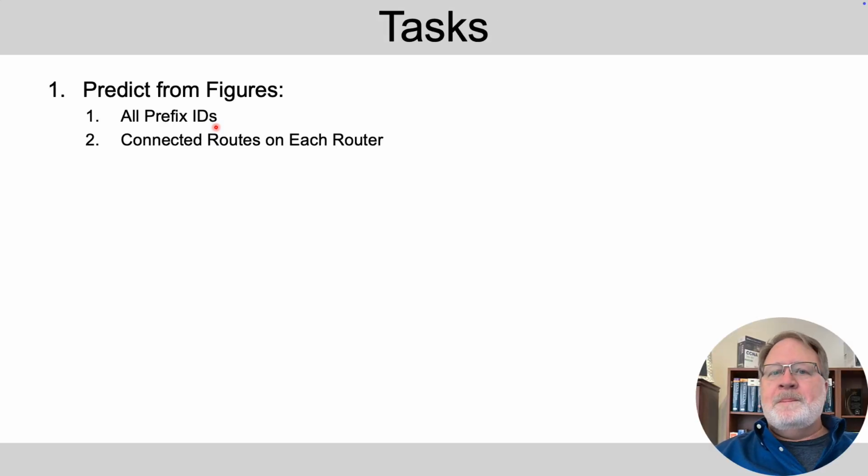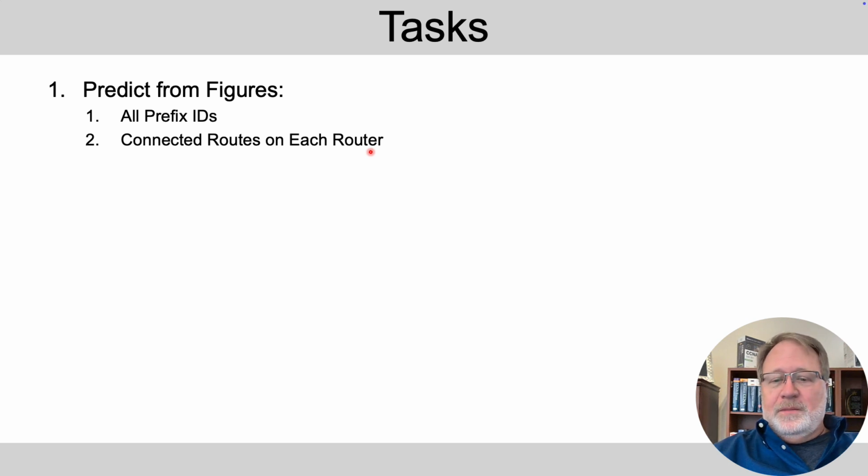All right, so here's basically the list of tasks for the lab. Before you configure anything, I want you to predict all the prefix IDs that should occur on the router based on the configuration of those interface IPv6 addresses, and predict what connected routes will exist on each router.